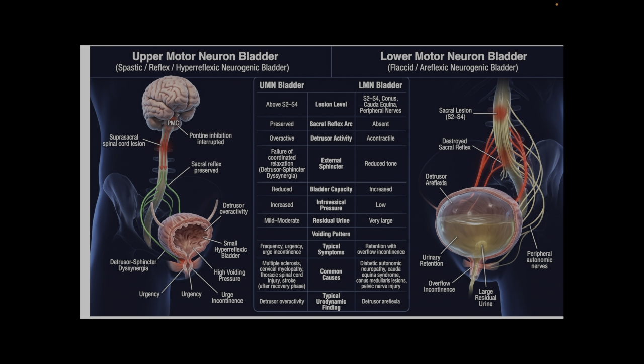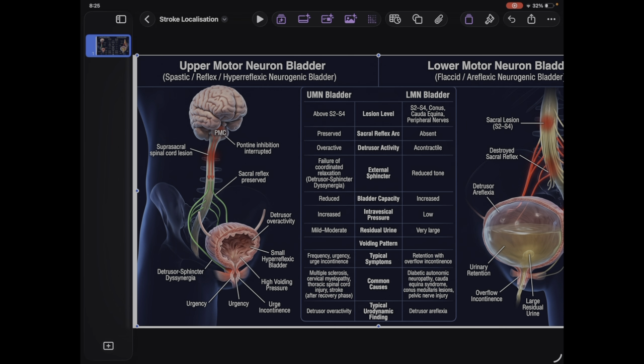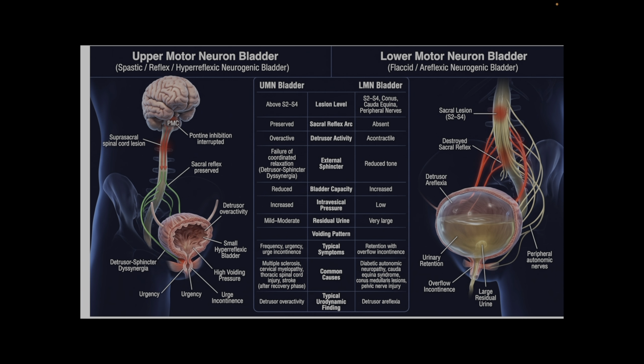Normally, voluntary control begins in the prefrontal cortex, while the pontine maturation center, or PMC, coordinates simultaneous detrusor contraction with relaxation of the external urethral sphincter.